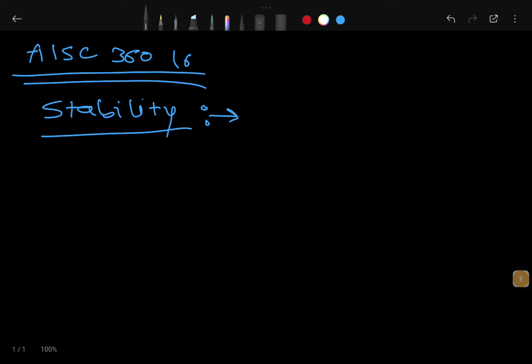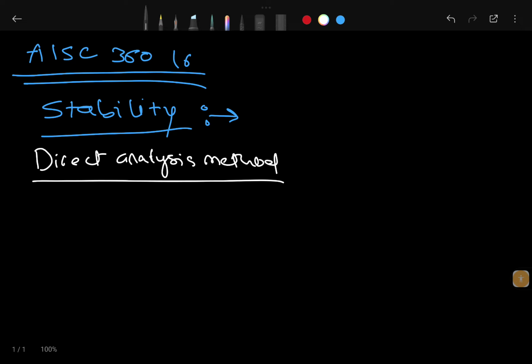First, the important topic is the direct analysis method. In this direct analysis method, there are three chapters available.